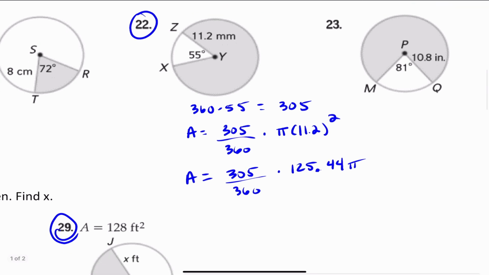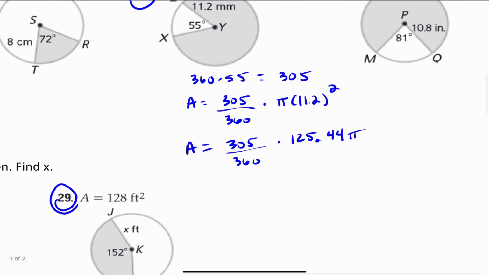Okay, so now let's use our calculator. 305 divided by 360 times 125.44. Then this is where I'm going to press math, enter, enter. And, oh my goodness, you will get this number. Okay, so it's going to be that pi millimeters squared.